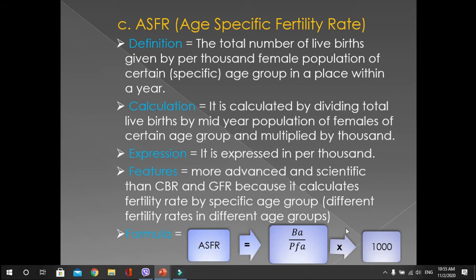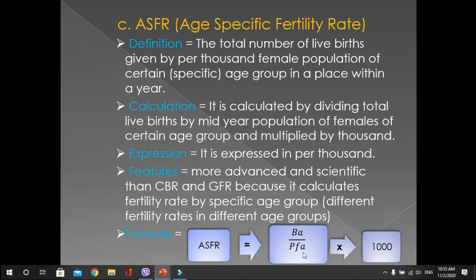So if we see this definition, now you can easily define ASFR means the total number of live births. You can see here as well, total number of live births given by per 1000 female population of certain age or age group in a place within a year.